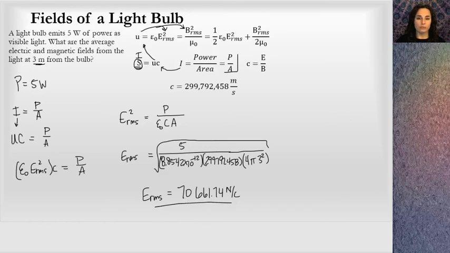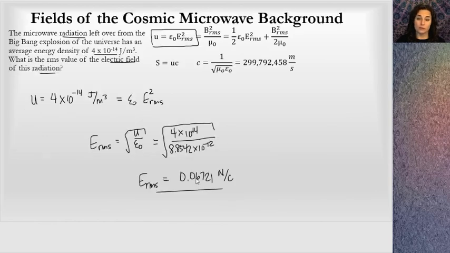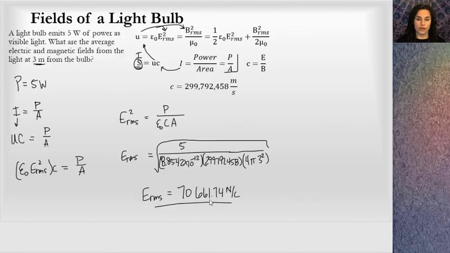Remember, on the microwave background, it was 0.07. Here we're many orders of magnitude larger than that. So that's why it would do damage to our eyes. If we get too intense of a light, this electric field would get too large, and that's what damages our eyes. There's too much energy coming into our eyes, and it damages our receivers.